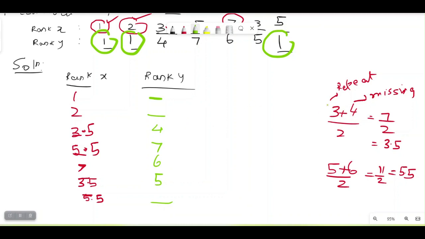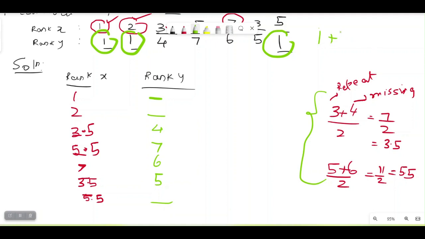Now you have to do a similar kind of thing which we have done here to rank X, but in a slightly different way. The repeated rank is 1. What are the missing ranks? If you observe here, there is 1, but there is no 2, there is no 3, there is directly 4.